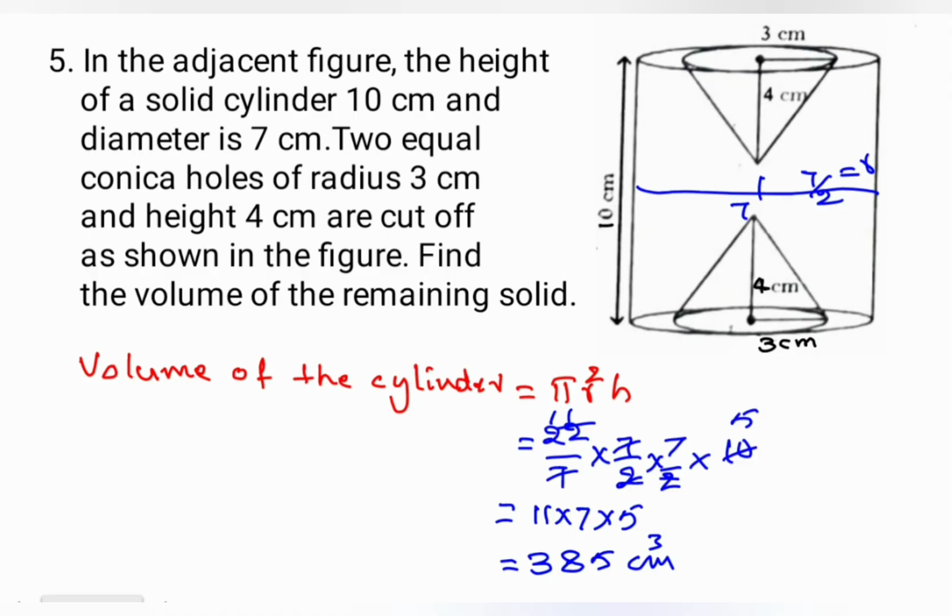This is the volume of the cylinder, and we need to find the volume of the conical holes.